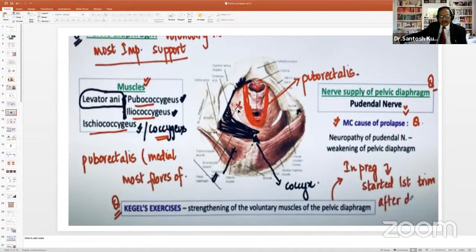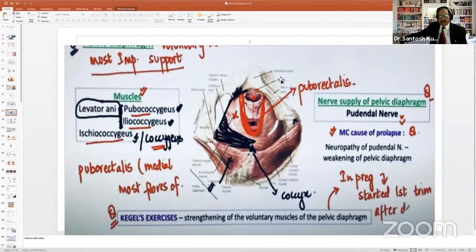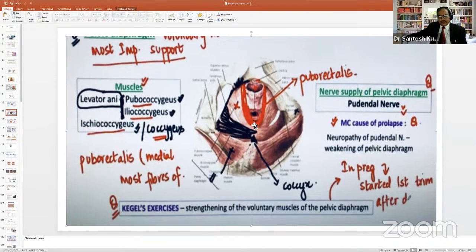This is all levator ani muscle, and the medial part of the levator ani muscle is the puborectalis muscle. This muscle goes to the side of the urethra and vagina and surrounds the rectum, providing additional support to all these structures. There are also parts of the levator ani muscle: pubococcygeus, iliococcygeus, and ischiococcygeus. This is a fan-shaped muscle which supports all the pelvic organs.